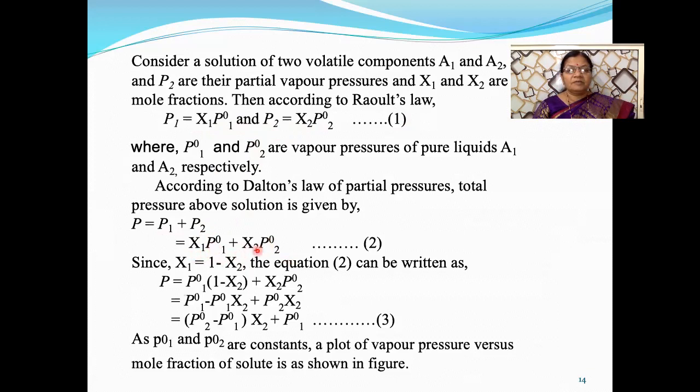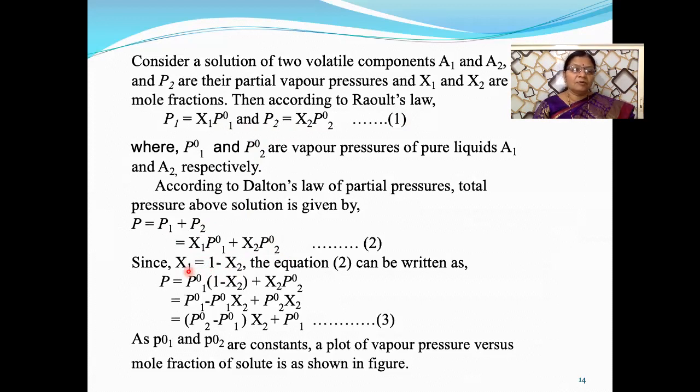After substituting the values in this equation, X1 is equal to 1 minus X2. How does it become so? Because the sum of mole fractions of all the components in the solution is always unity, that is, X1 plus X2 is equal to 1.